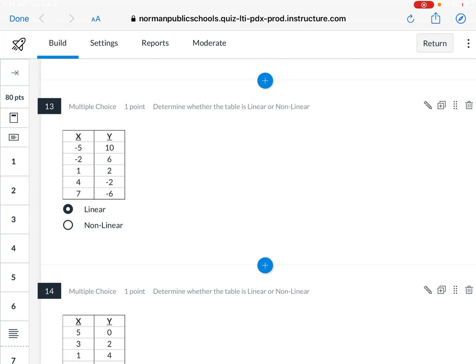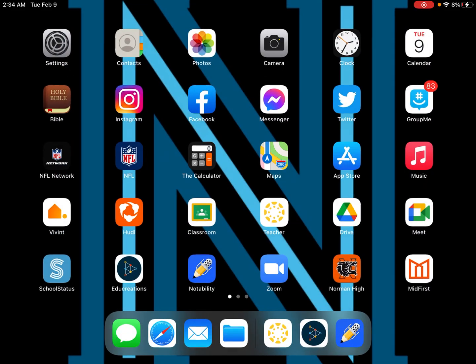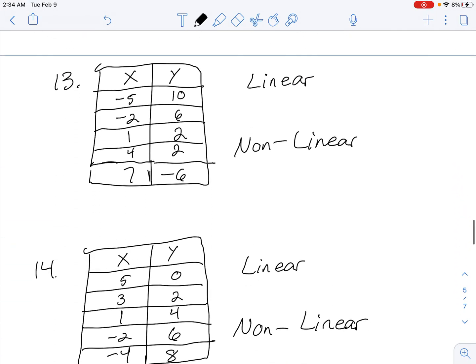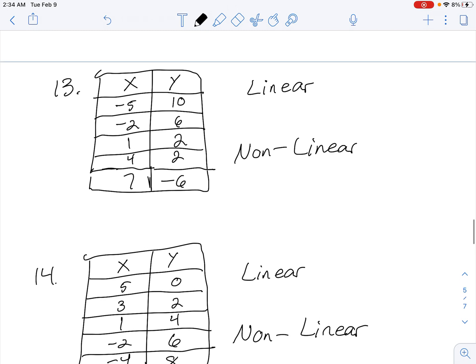All right? Now, this one right here, 13. It says determine whether the table is linear or nonlinear. All right? So I've got the table written right here, 13. So remember, it has to be the same trend in the y column or change in trend in the y column, or the same trend or change in y trend in the x column.